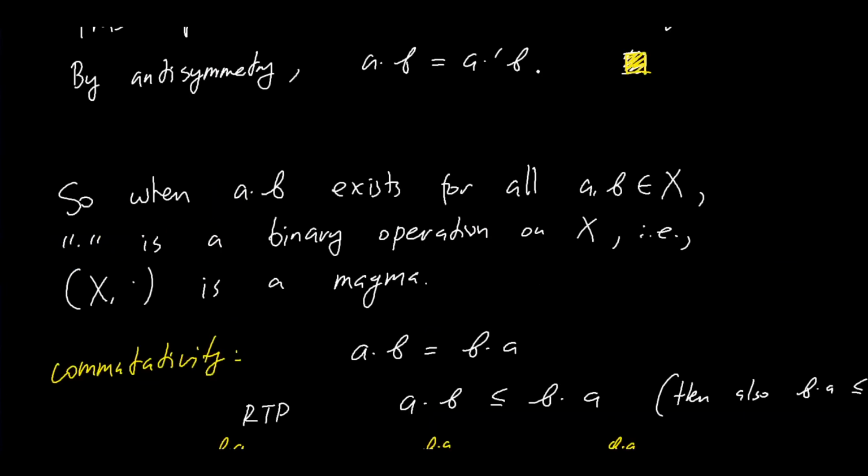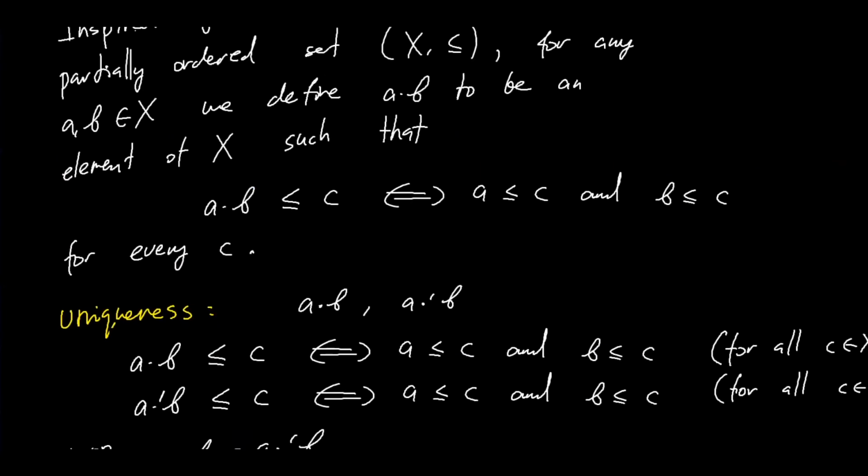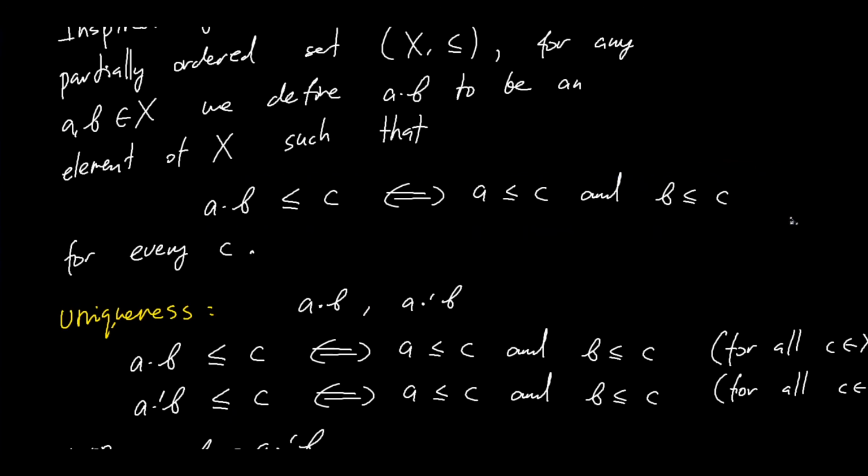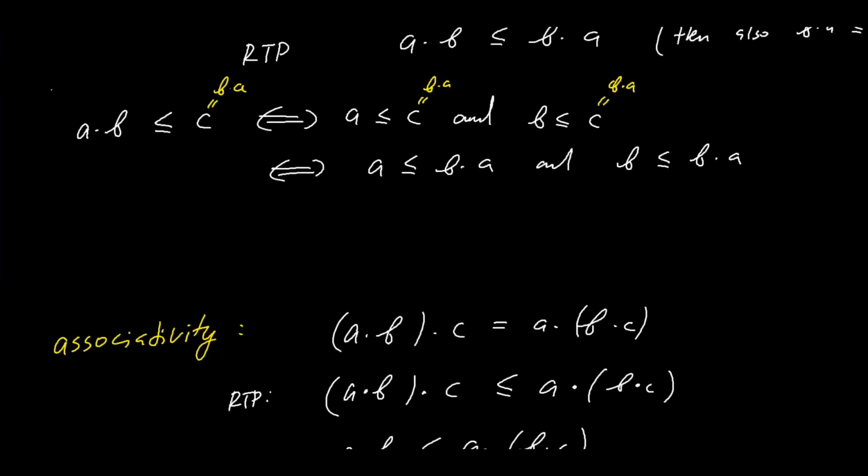Let me recall the same definition of dot, but now I'm going to use it in the case when A is B and B is A, okay? So that's my definition of dot. And I'm going to replace my B here with A, because that's the case I want to apply it to. So A is replaced with B, and B is replaced with A. What are we going to get?